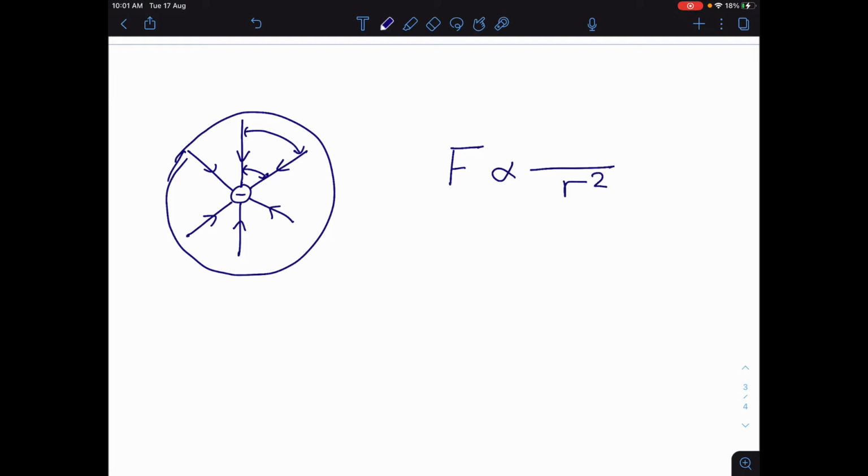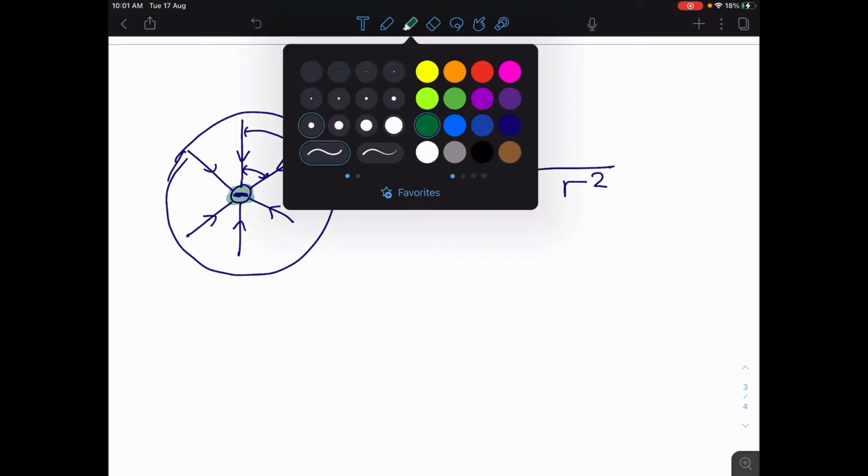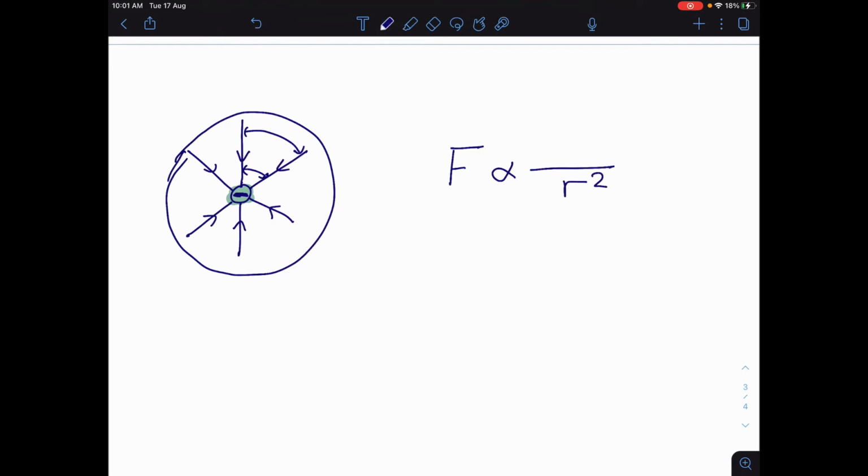It's also obviously going to be proportional to the size of this charge. How negative is this charge? Is it just an electron? Is it 10 electrons? Is it 10,000 electrons? So the force is dependent on the size of that charge, and it's also dependent on the size of the charged object that you're putting in there.